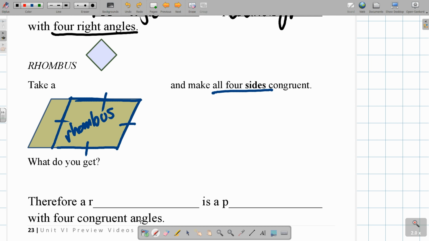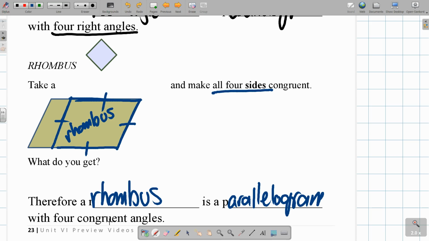If you make four equal sides, you get a rhombus. That last should say four congruent sides, not four congruent angles.